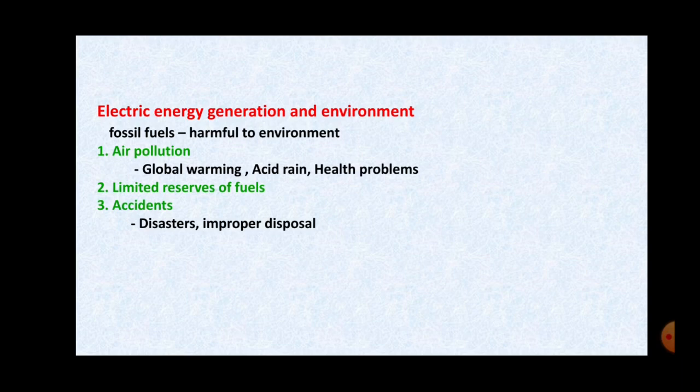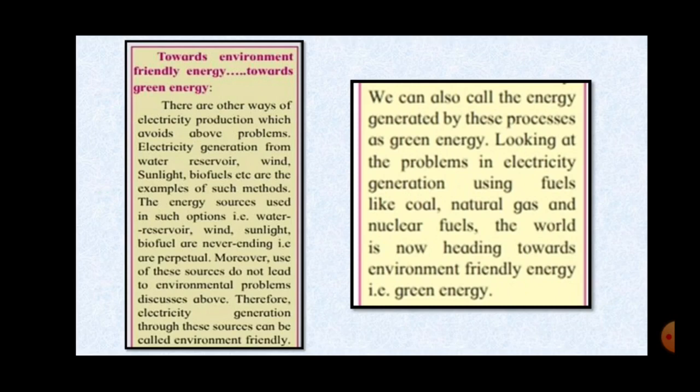So what should we do? To have environment friendly energy, we have to move towards the green energy. Now these three power plants we had studied are the methods for electricity generation. So we have to move towards the green energy.